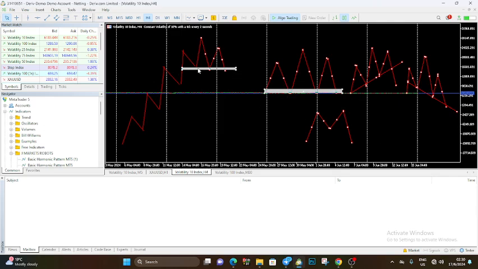So with that being said, this is the setup that you need to look out for. How do you trade this setup? Again, we have two entry points, right?